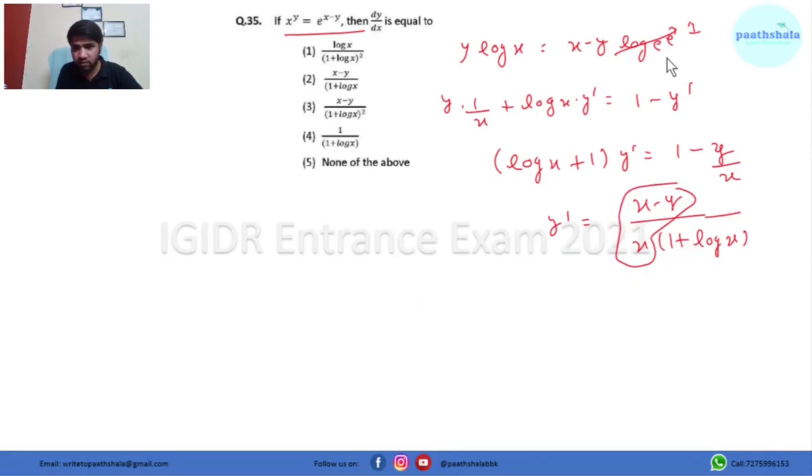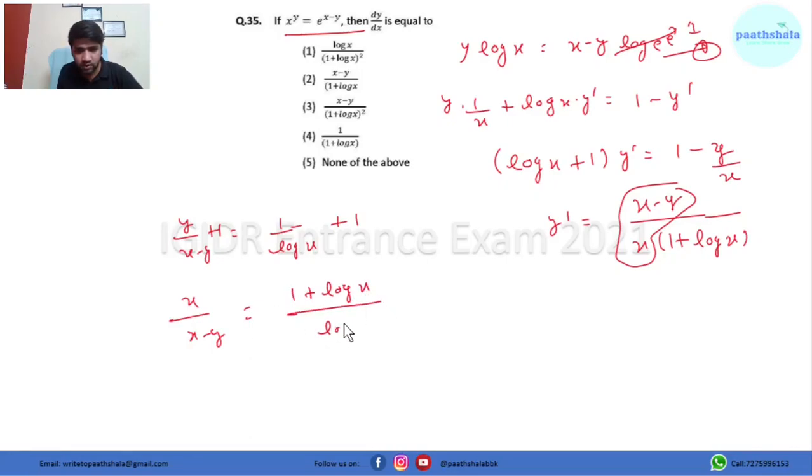So from this expression, what we can get, the value will be y upon x minus y equals 1 upon log x. Now add 1 to both sides. So this will come out to be x upon x minus y, and this will come out to be 1 plus log x upon log x.